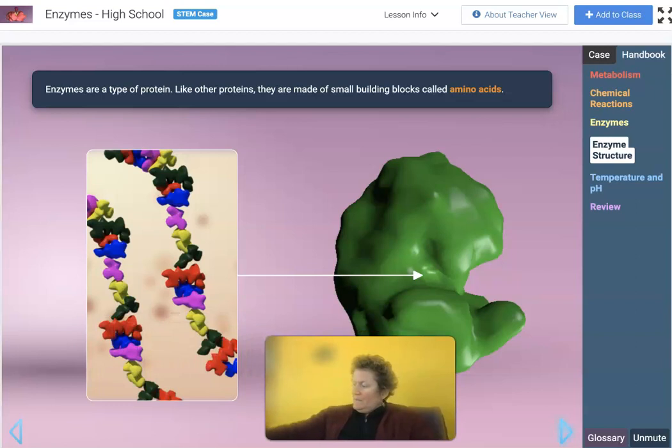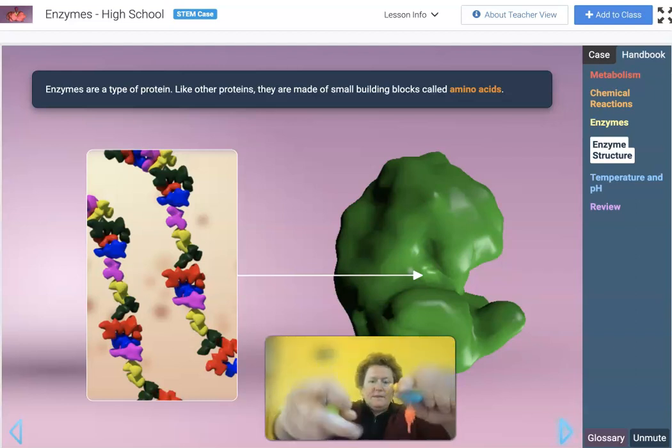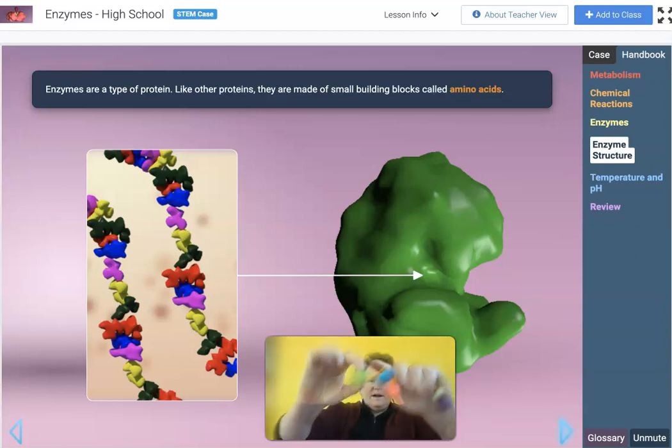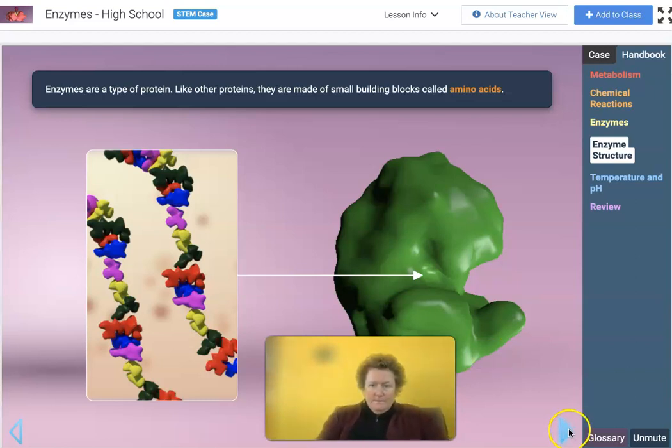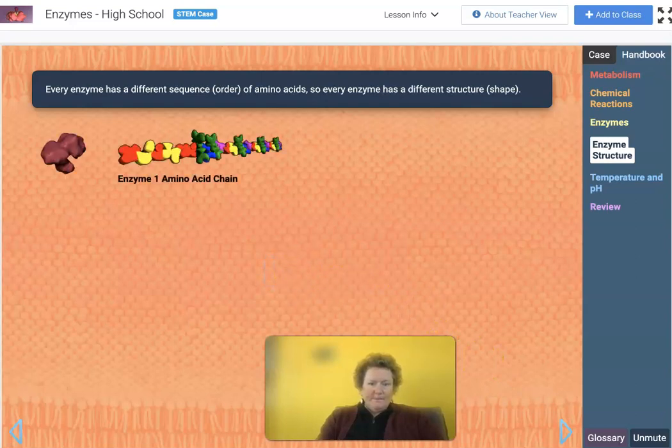I think about amino acids as beads, kind of like pop beads. The amino acids pop together. They all have different sizes and shapes, and they stick together with bonds. Each enzyme has a different sequence of amino acids, so every enzyme has a different structure or shape.